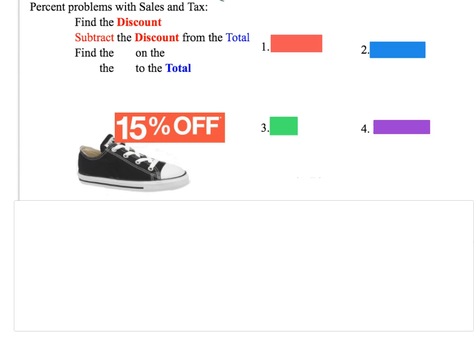Because a discount is money we don't have to pay, we get to take it off. Then we probably have tax. We need to find the tax on the sale price. So whatever our sale price is from step 2, we compute our tax on that. And then finally, we add the tax to the total because it's extra money we have to spend.